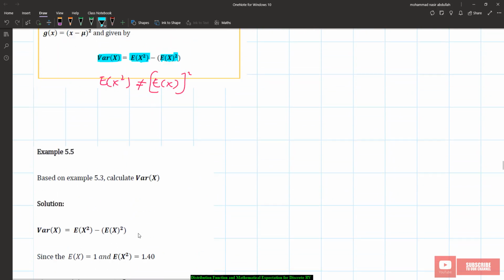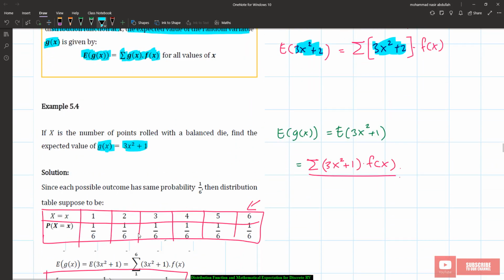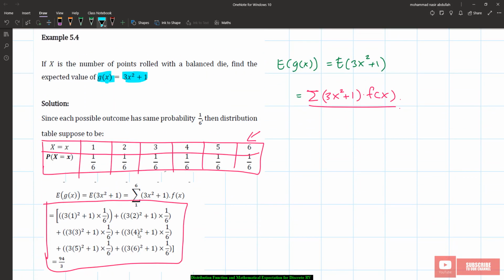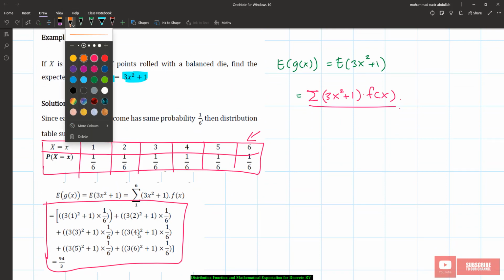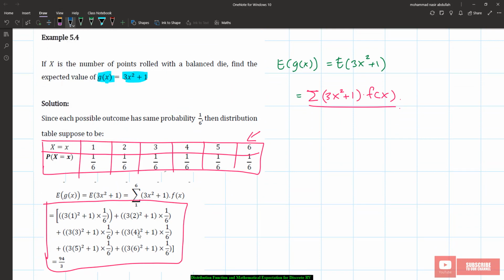So let's go back to that question. Since we want to find expected of 3x squared plus 1, we do not need to do a complicated calculation like this.